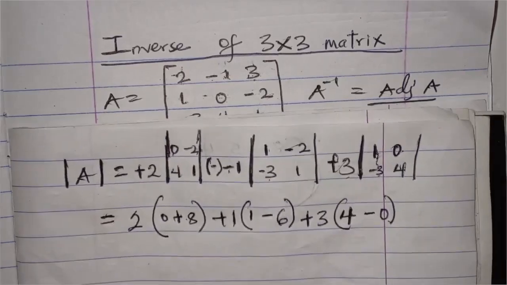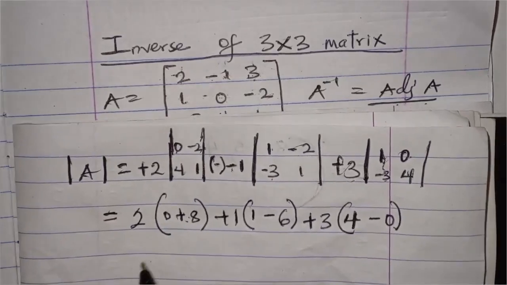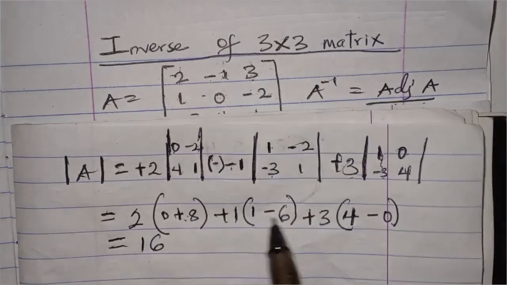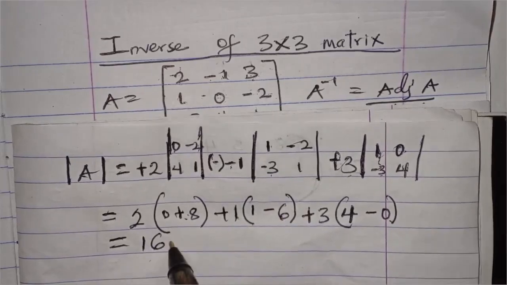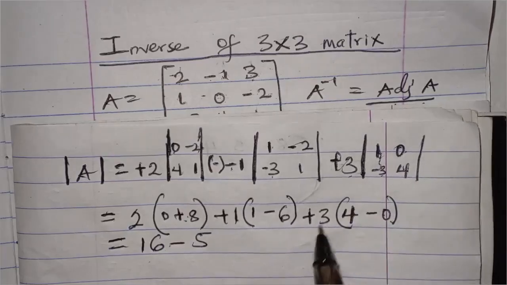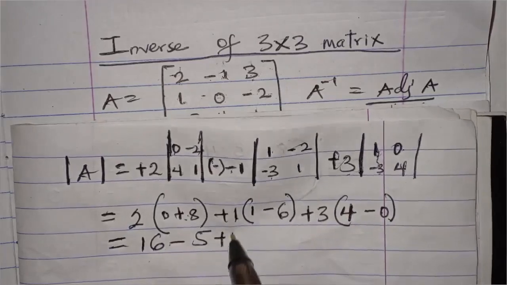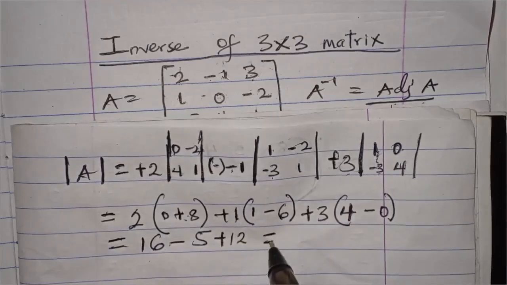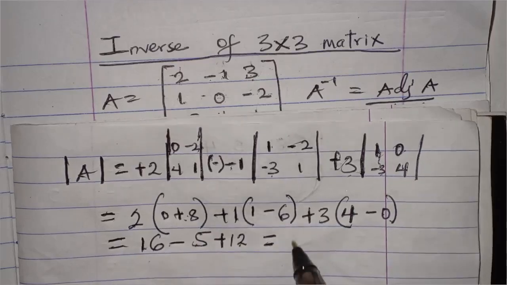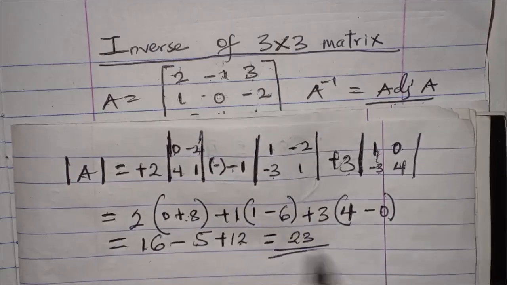What would this be? 0 plus 8 is 8, times 2, that's 16. 1 minus 6 is minus 5, times 1 is minus 5. 4 minus 0 is 4, times 3, that's 12. 16 minus 5 is 11. 11 plus 12 is 23. 23, that's the determinant of this matrix.